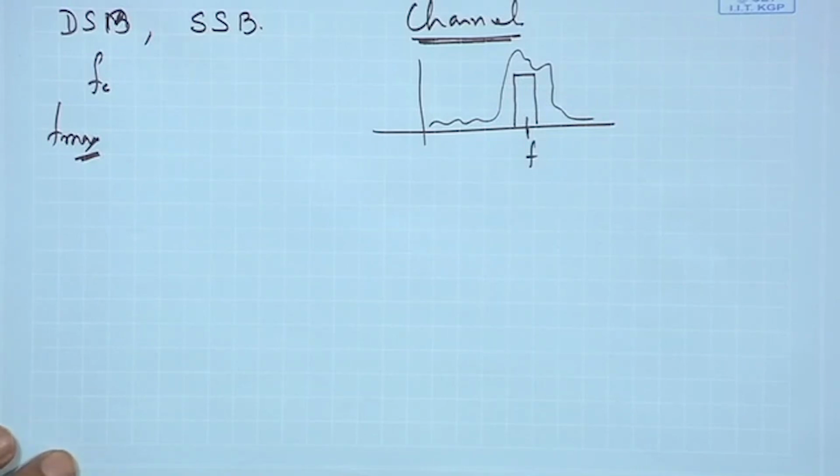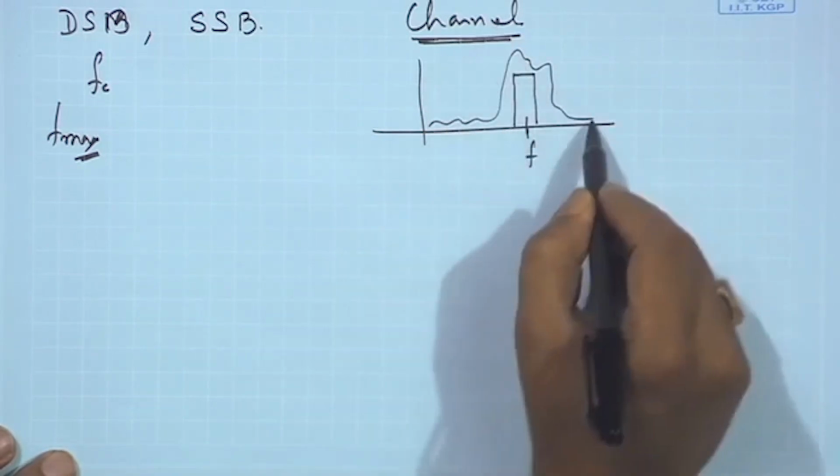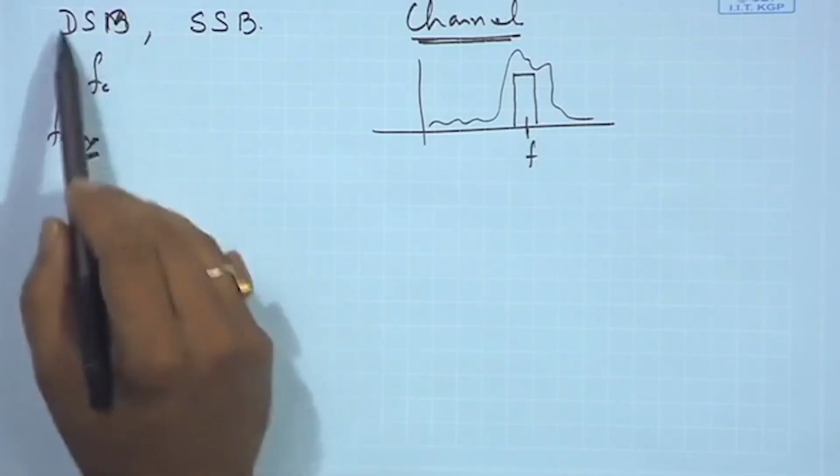So, what we are effectively trying to say is that generally channels have bands through which signals go, and when we are modulating signals.